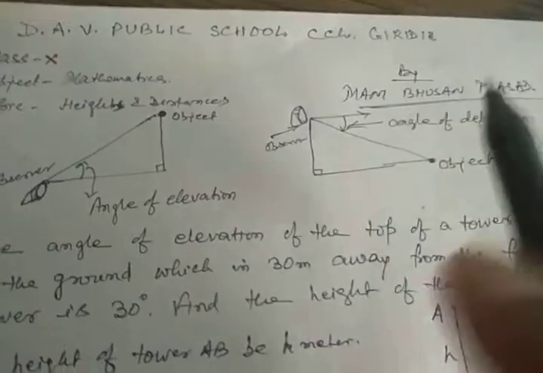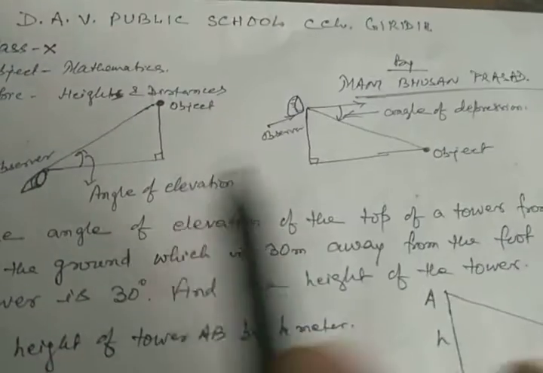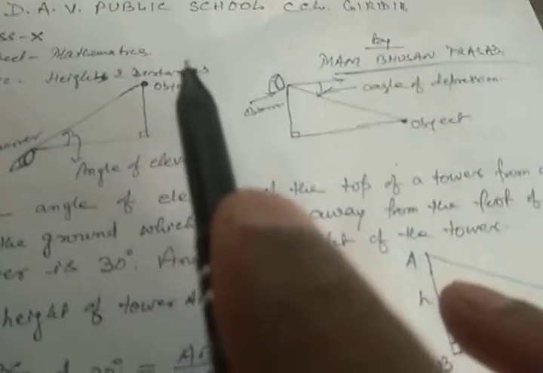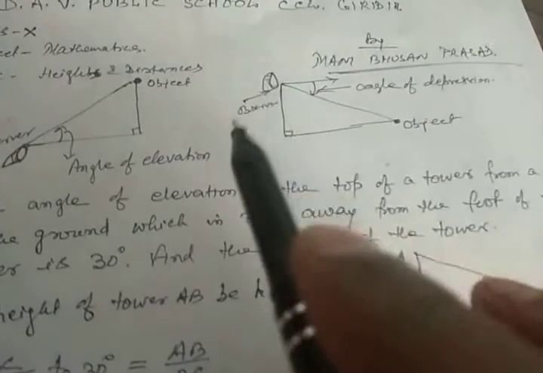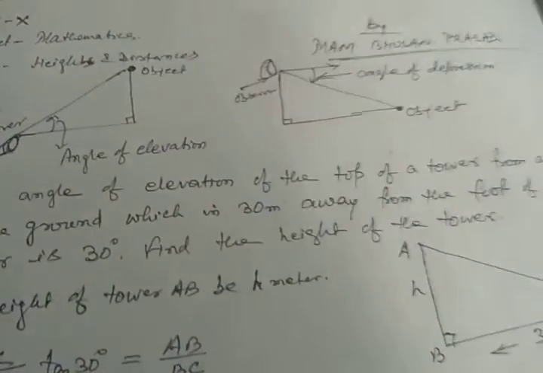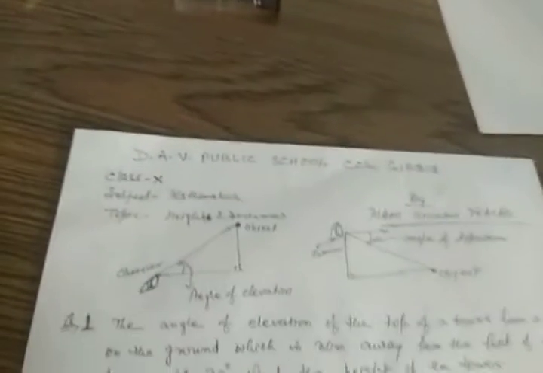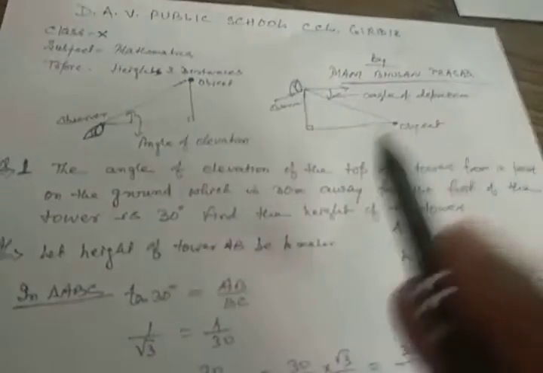But whenever we draw the figure, these two angles also reflect whether the object is above the observer or the observer is above the object. Okay, just see. It will be more clear by the examples.